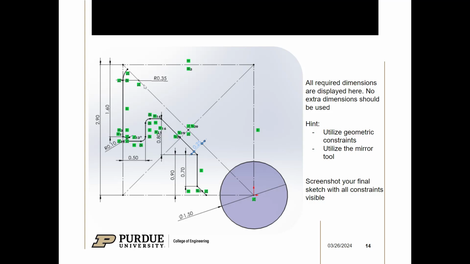You can see this program shows these little green squares of the relations. It can get a little difficult to decipher over here just because there are so many constraints, but that might give you a small hint at what's going on. For example, this line here is parallel with this one, along with this one over here.